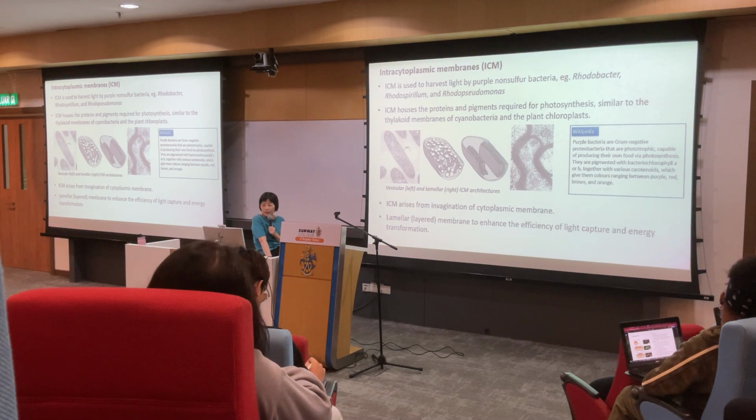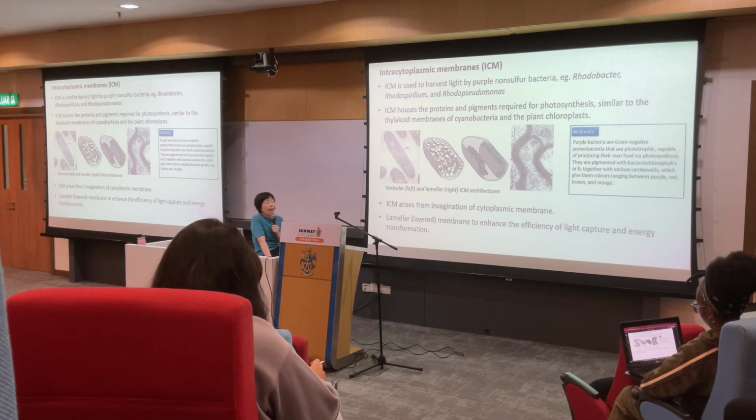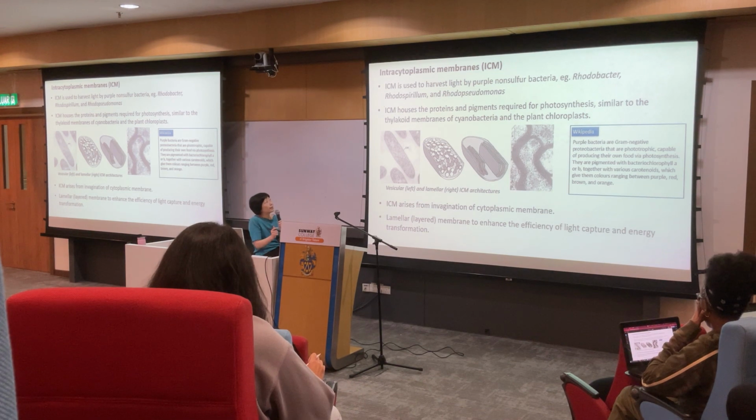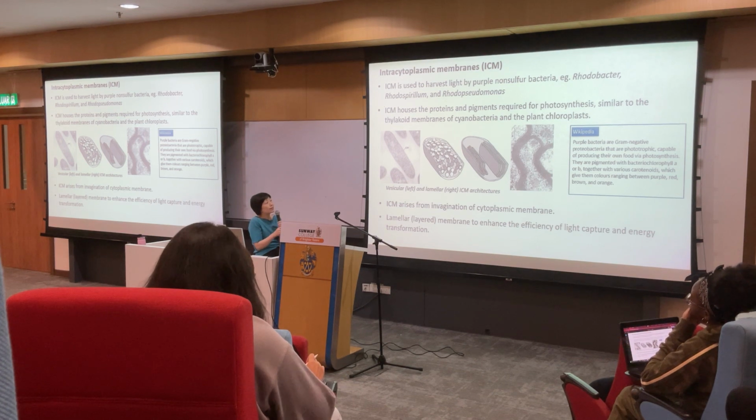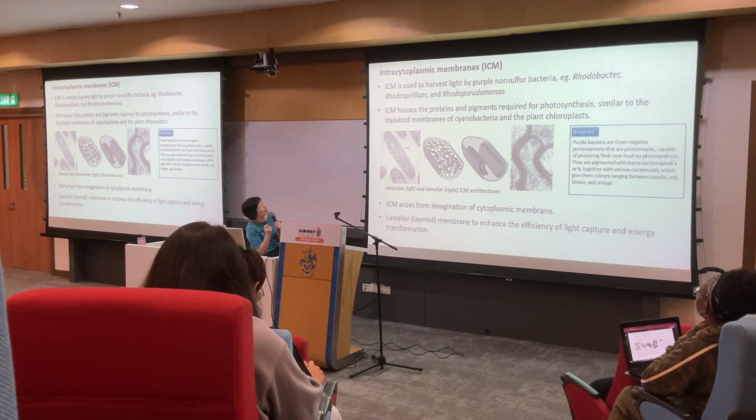And the second is the intracytoplasmic membrane, ICM. This is not commonly seen in all bacteria, but you will find them in the proteobacterial, or called the purple non-sulfur bacterial. So the example is Rhodobacter, Rhodospirillum, and Rhodopseudomonas. And what is ICM, this intracytoplasmic membrane?